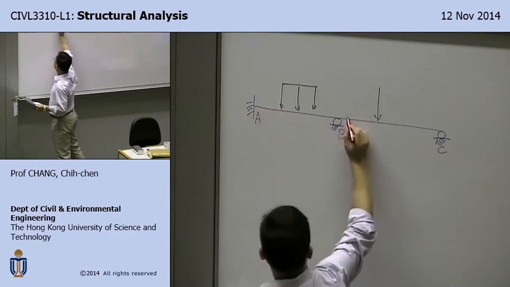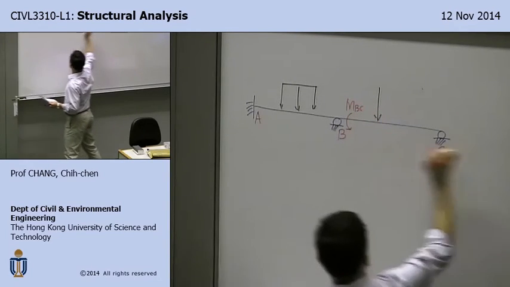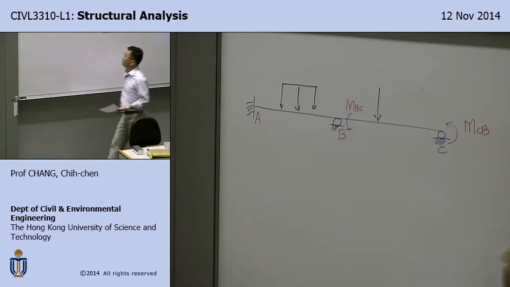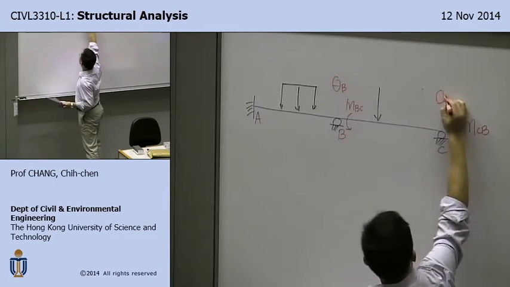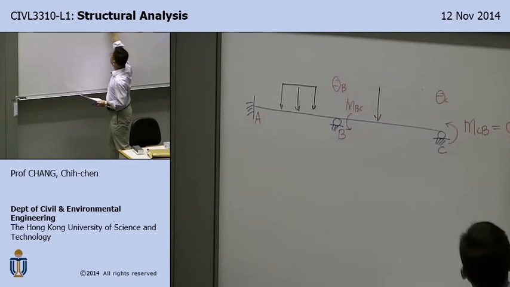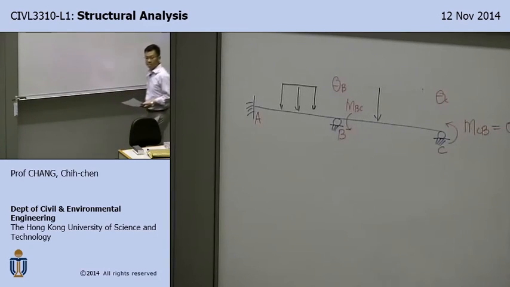So this is moment BC. This is moment CB. There's a rotation angle here called theta B and theta C. So I know that this MCB is equal to 0 because there's no external bending moment there. So I'm going to utilize this condition to simplify it.